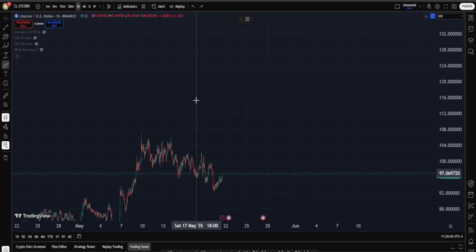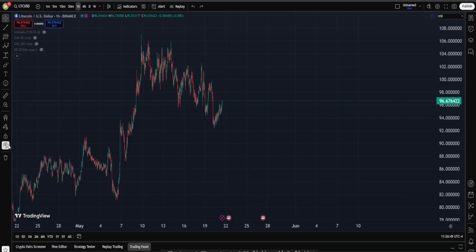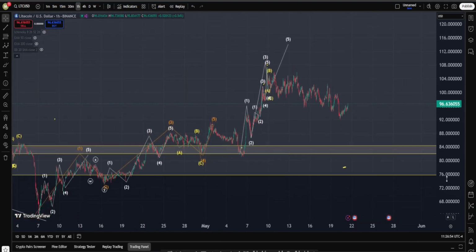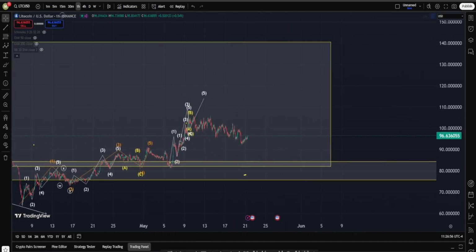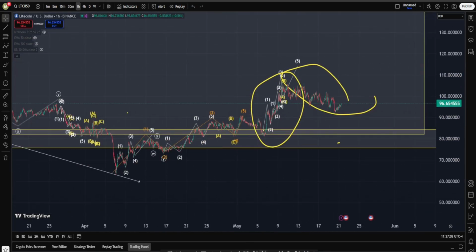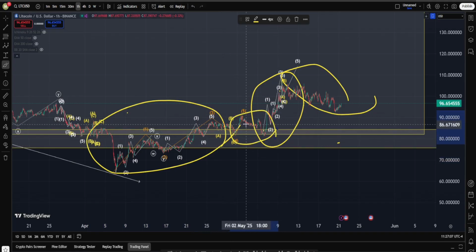So I'm still going to argue our uptrend in LTC is not over yet, but now on a higher degree, waves are going to look a bit different. Why? Because in my opinion, starting from this point, we are having impulse up, correction down. This is probably another impulse up, and between them another correction down.